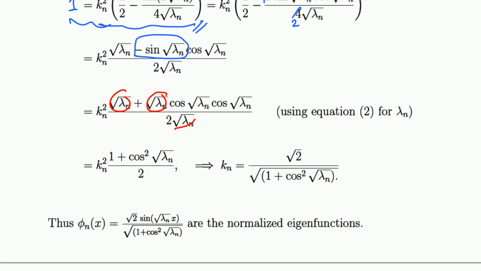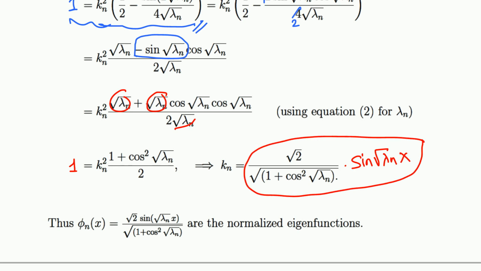So 1 plus cosine squared root lambda n, that equals 1, by the way, and cross multiplying, we get kn equals root 2 over this. And kn times sine root lambda n x, these are the normalized eigenfunctions that I wrote here. Thus phi n x equals root 2 over this times sine root lambda n x, the normalized eigenfunctions. Final.